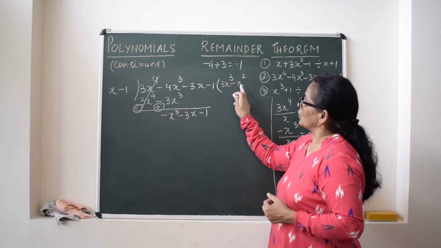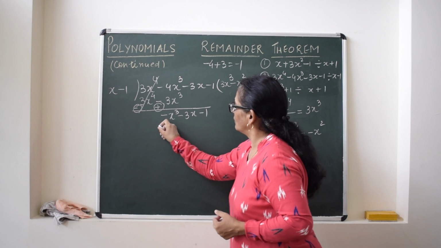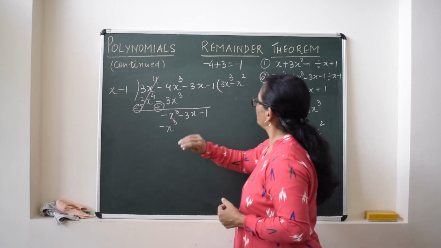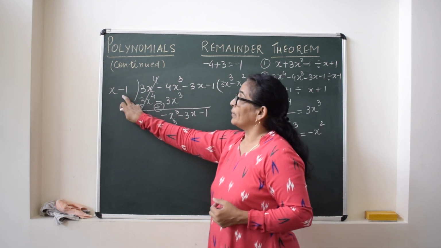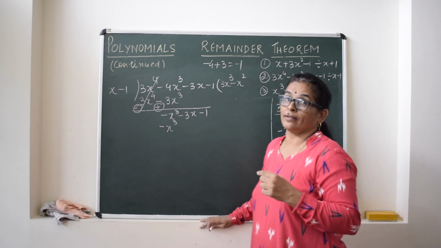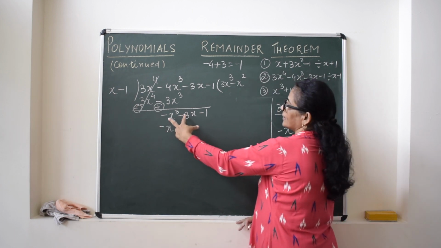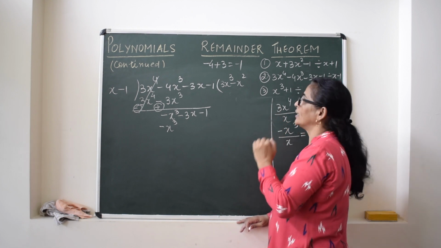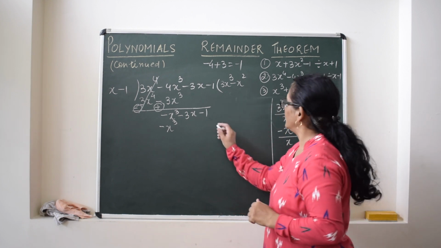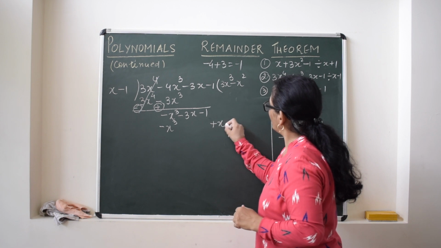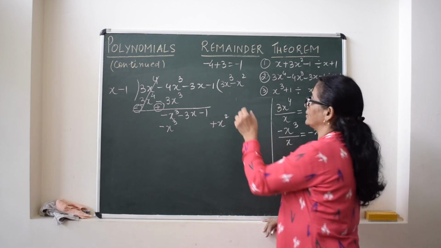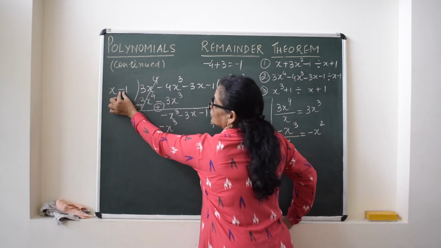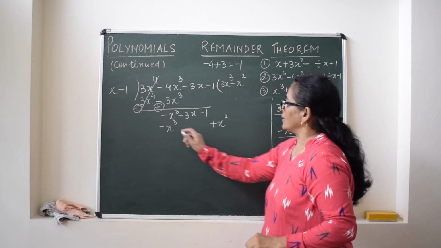This minus x square into x will be minus x cube, and minus x square into minus 1 will become x square. But if you notice, there is no term like x square in the new dividend. So we can write it separately. So this will be plus x square. Remember, this is minus and this is also minus, so this will be plus.